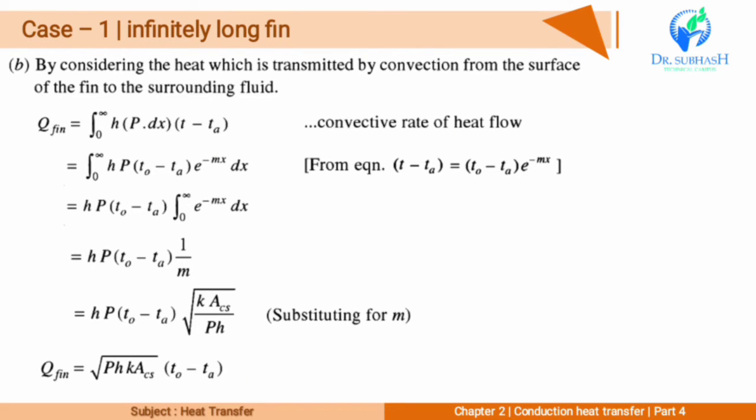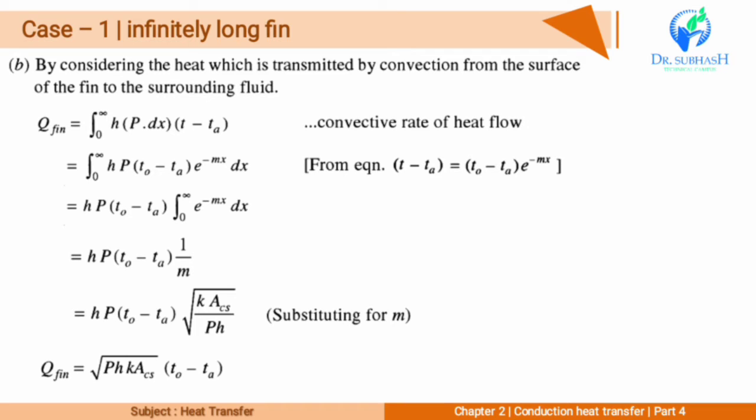Now the second way to determine the heat flow rate is by considering the heat transmitted by convection from the surface of the fin to the surrounding fluid. So the heat transfer rate Q fin is equal to the integral from 0 to infinity of hA delta T, where the area is equal to P dx and the temperature difference is T minus Ta.